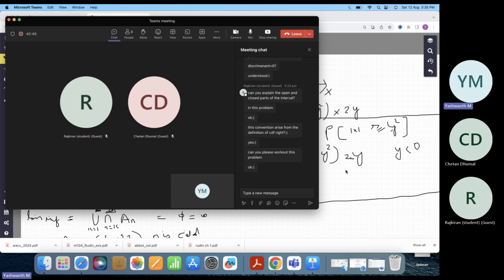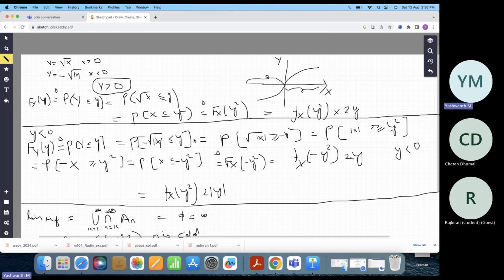Any questions in this series of inequalities? You can look at this for maybe a minute or two.